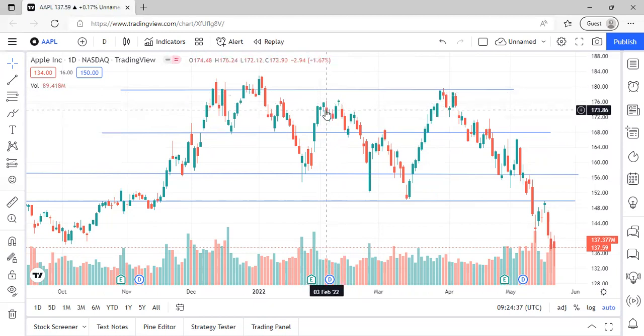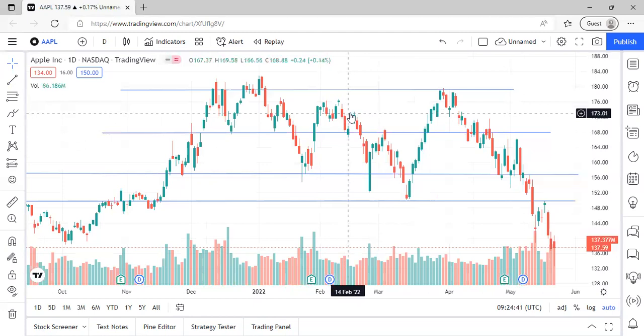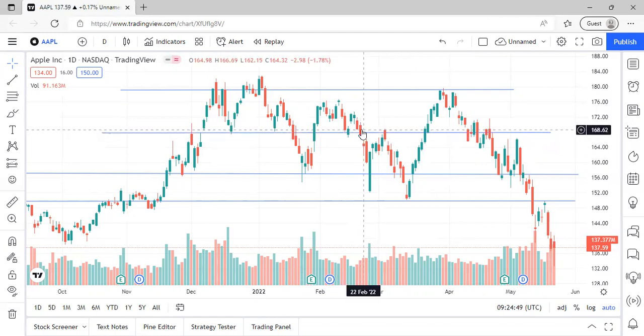But it still moves in a very channel-like manner. And now it tests the support line over here, which is at 167. On this day, the 18th of February, as you can see, it starts to breach the support line and then it moves downwards, until the 23rd of February, where it experienced a huge jump.